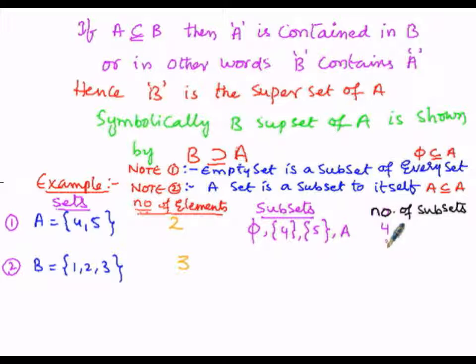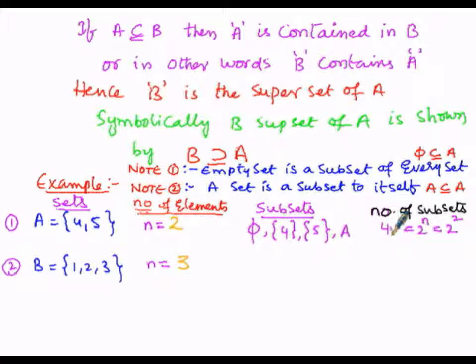So we can write the general form of finding the number of subsets as 2 to the power of n. Here the number of elements present in it is denoted by n. n is equal to 2, so 2 to the power of n is 2 squared, which is 4 now.